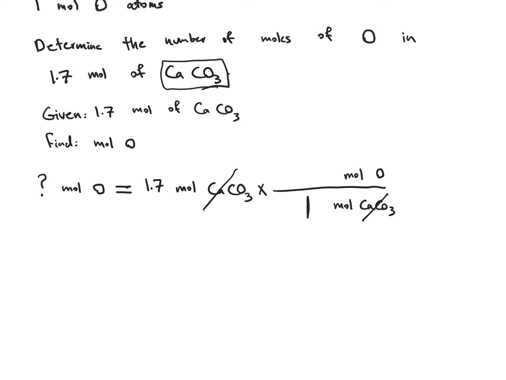You said the final answer, 5.1. That's correct too. But here, in just 1 mole of calcium carbonate, you have 3 moles of oxygen. And then the final answer is 5.1 mole of oxygen.